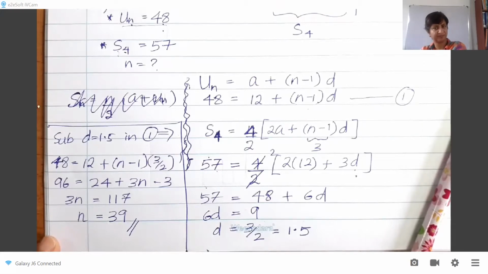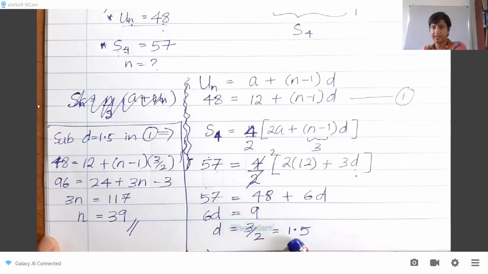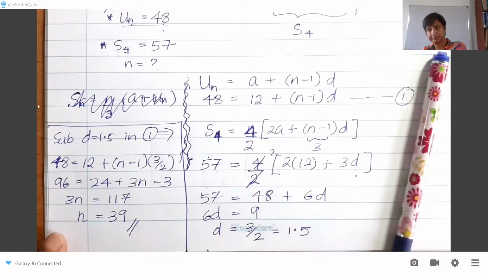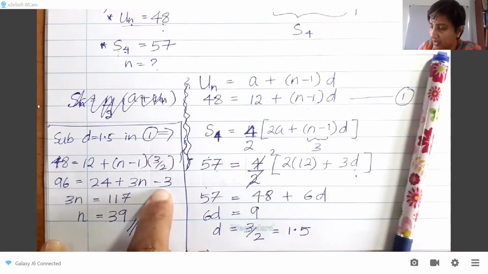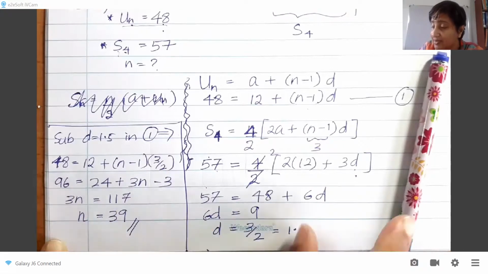You're still doing it? After finding d, it's only a little bit off now. Is it not? 39, right? 72, 75? Yes, Anita. Marsha, looks like we both have made a mistake. 3n, so this is 24 minus 3, 21. 96 minus 21.